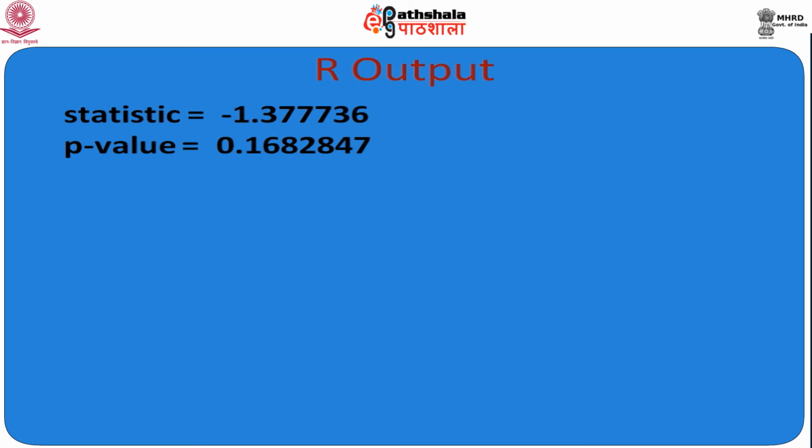But it is to be noted that the log rank test and Gehan test can be performed in the same platform, the library survival, where we have to mention rho equals 0 to perform the log rank test, and rho equals 1 to perform the Gehan test.